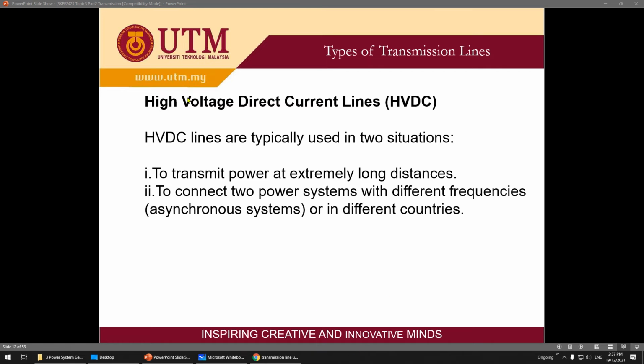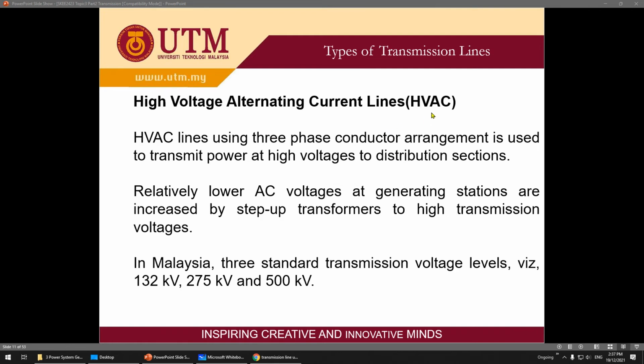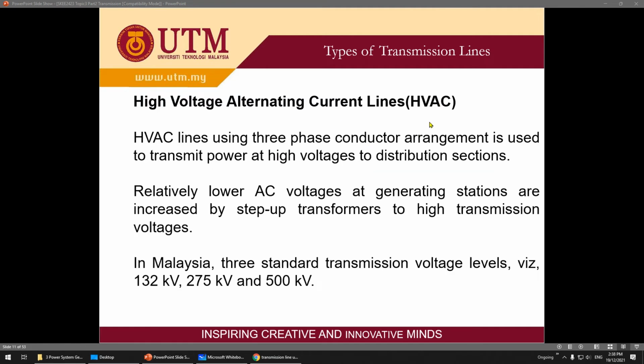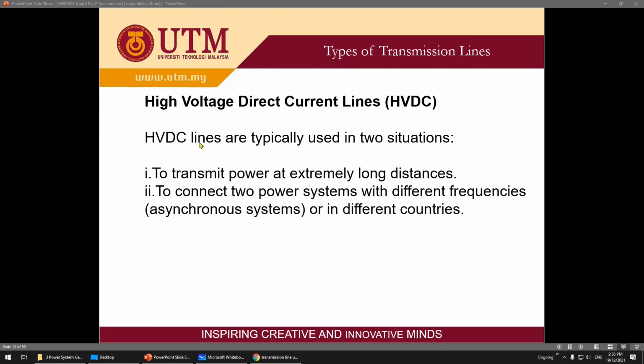Next is the high voltage direct current line. Previously was high voltage AC, now high voltage DC, so you have two types, either AC or DC. HVDC is typically used in two situations. One is to transmit power over an extremely long distance.